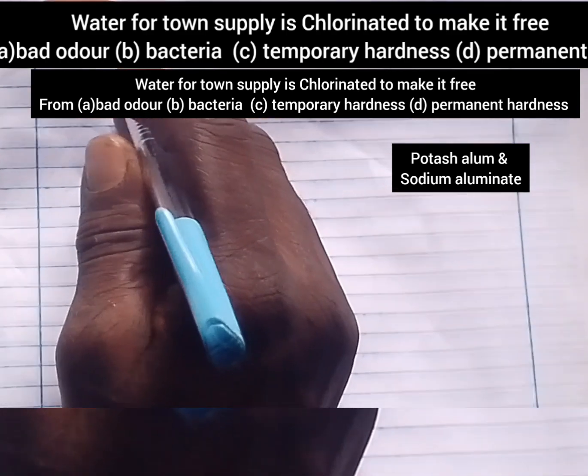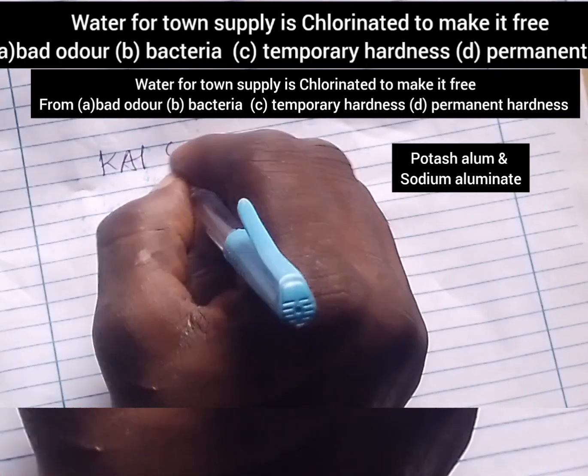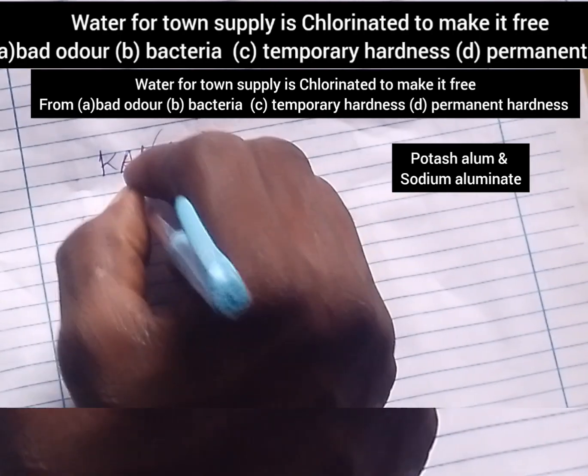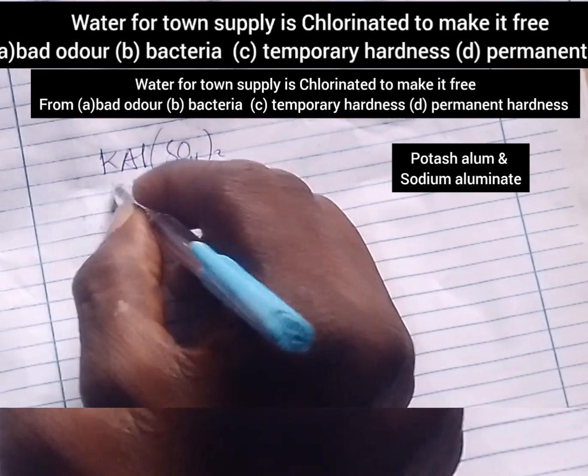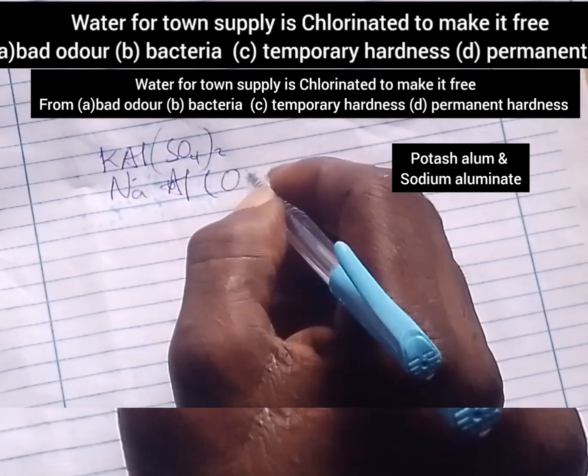Potash alum has this formula, KAl(SO4)2, and sodium aluminate has this formula, NaAlO2.